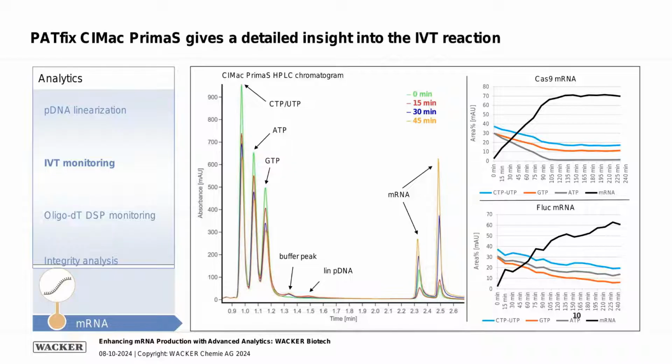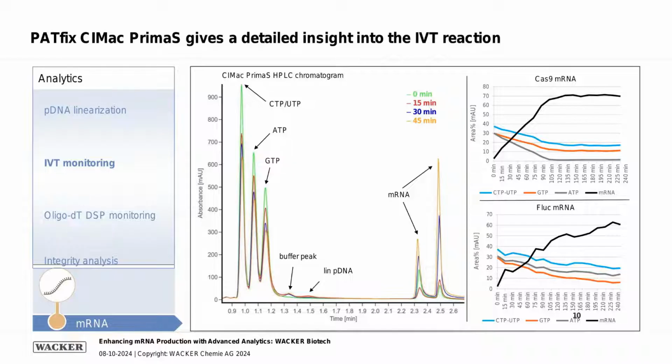You can see that the NTPs are being separated on this column, also your linear plasmid DNA and your mRNA. And you can nicely see how the NTPs are decreasing over time as they are being incorporated into mRNA, and how the mRNA absorbance increases.